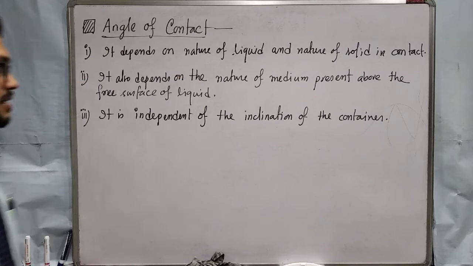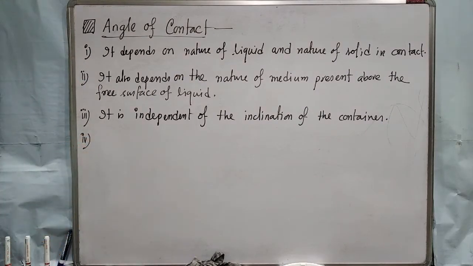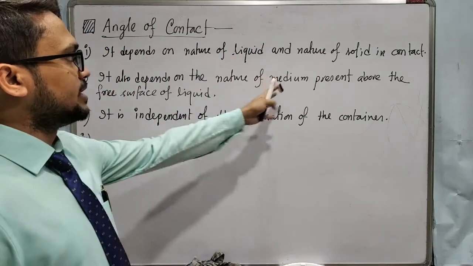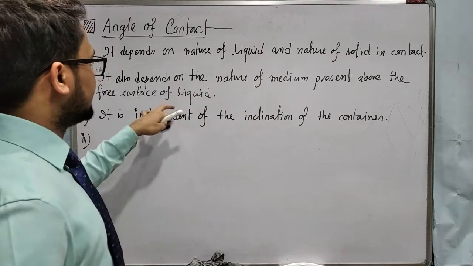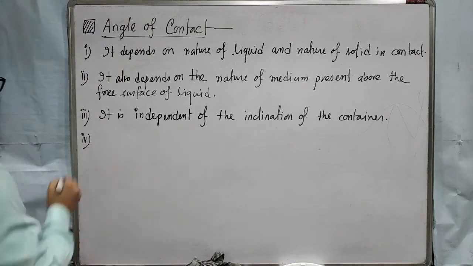Okay, clear? Point number 4. The angle of contact will remain the same until the nature of the liquid, solid and the medium present above the free surface of the liquid are the same.